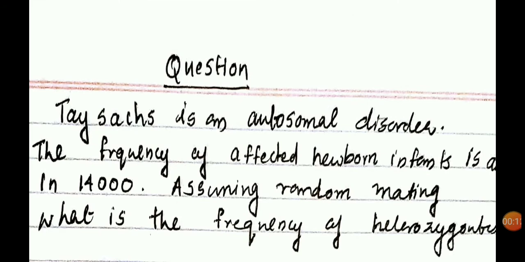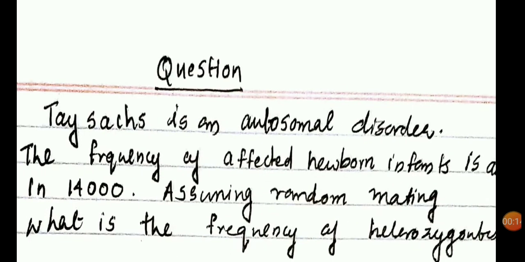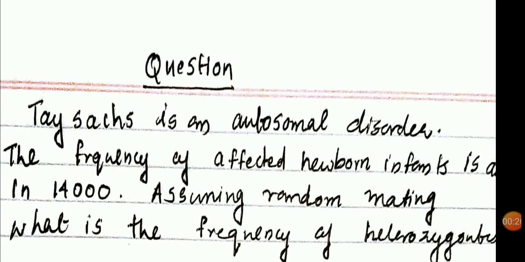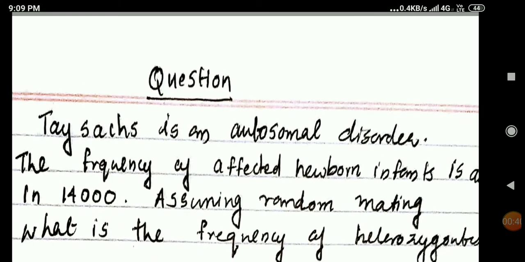This is the question. The frequency of affected newborns is 1 in 14,000. We want to calculate the heterozygous condition. It is an autosomal disorder, so the affected newborn means the aa condition.